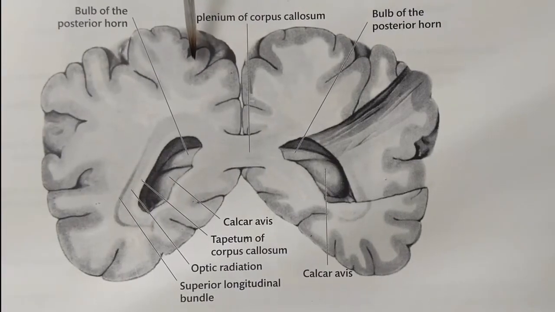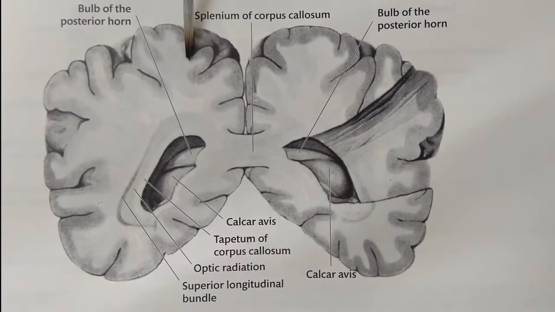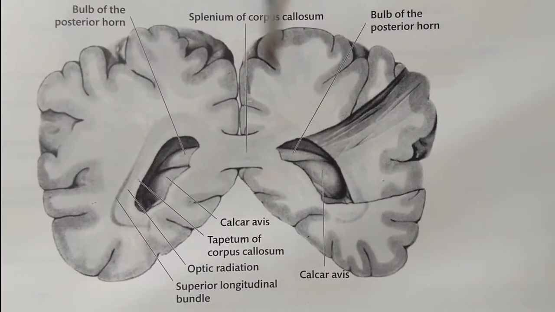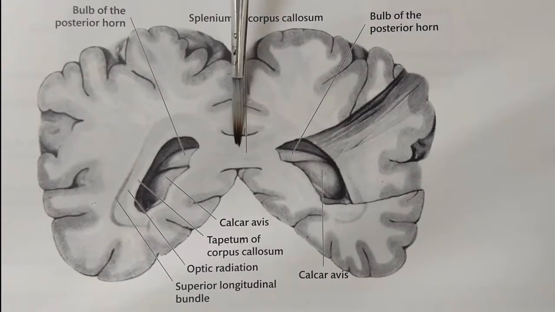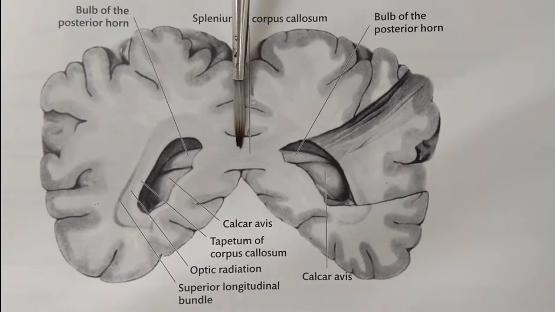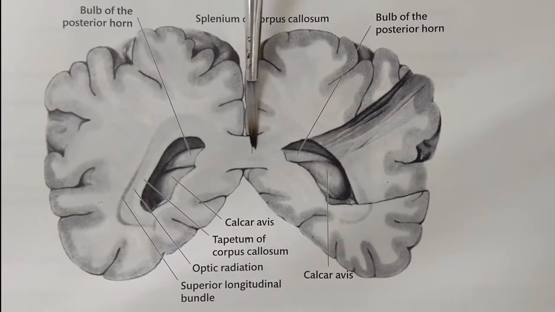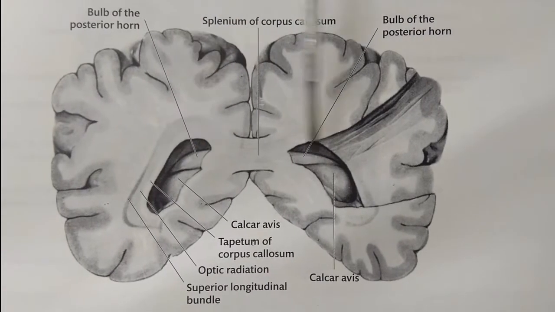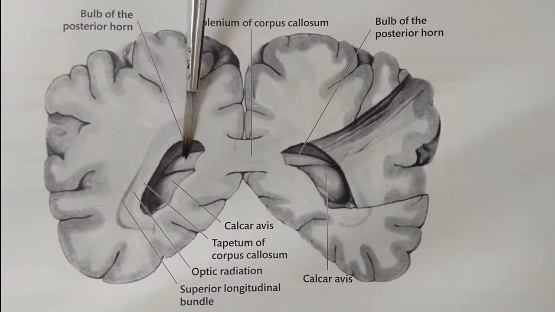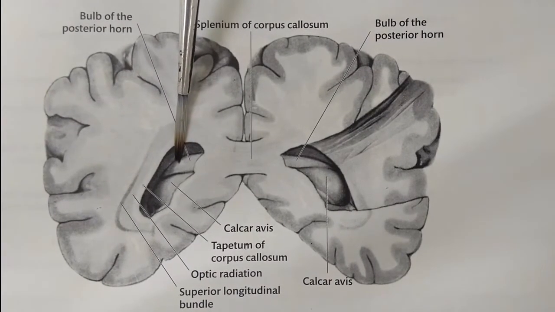Starting with the posterior horn, this is the figure from the Cunningham, and this section of the brain is taken at the level of the splenium of the corpus callosum. Here you can see this is the splenium of the corpus callosum, and in each cerebral hemisphere you can see the cavity of the posterior horn.